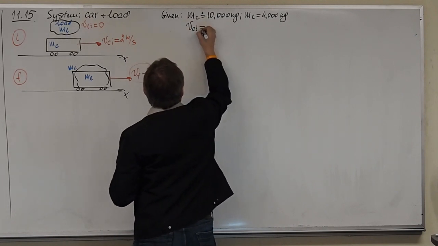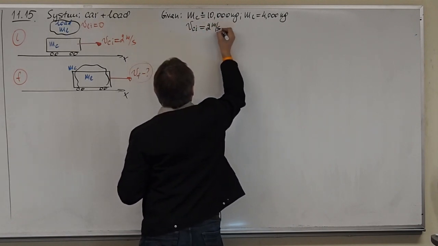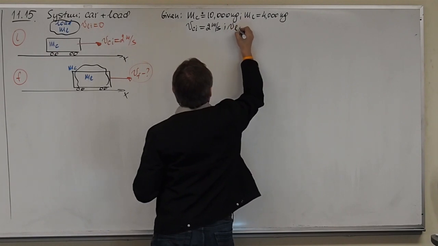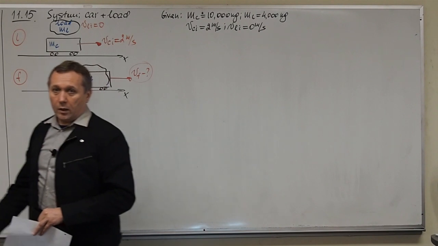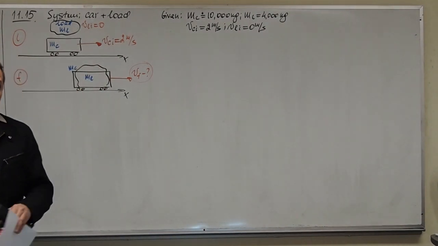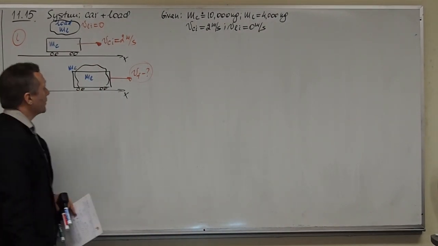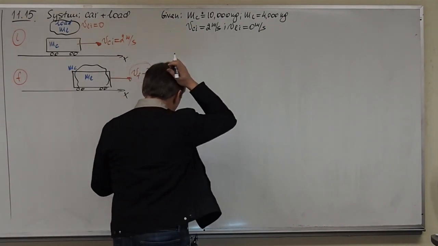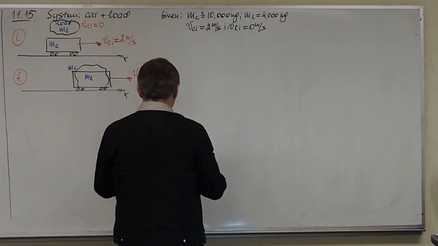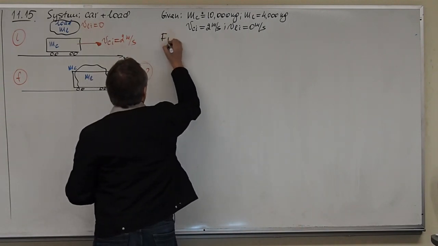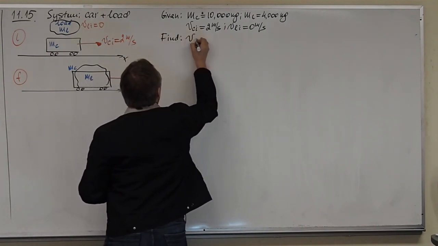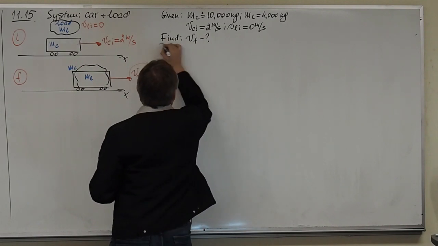The initial velocity of the car is 2 meters per second. And of course, the initial velocity of the load is 0 because the load did not move in the horizontal direction. Anything else? No, that's it. So now what do we need to find? Vf, the final velocity.